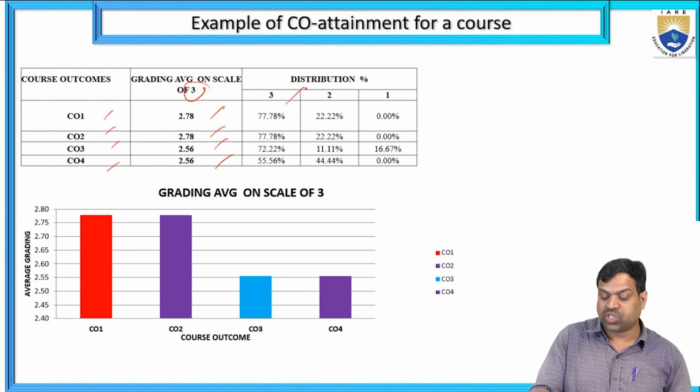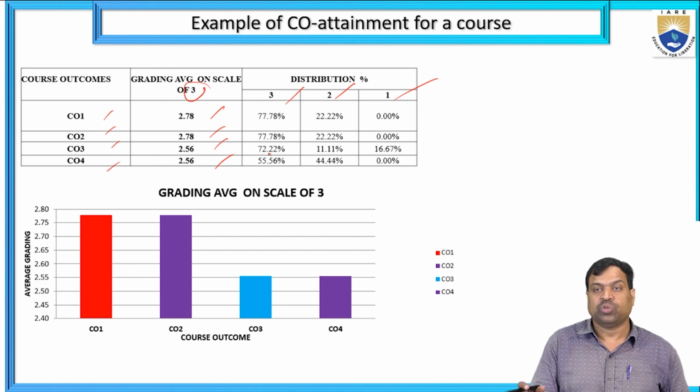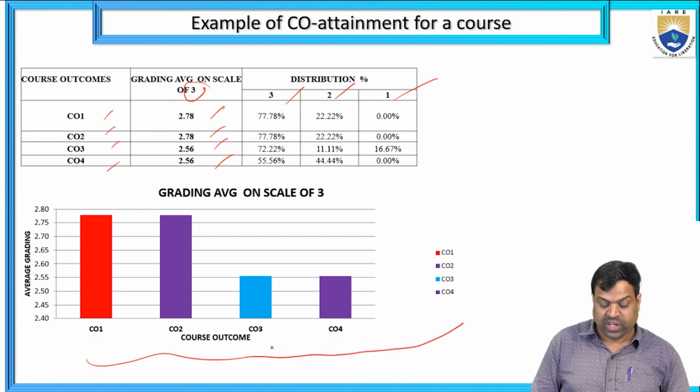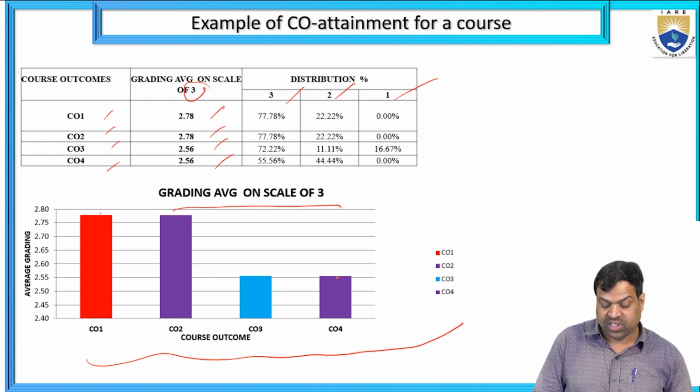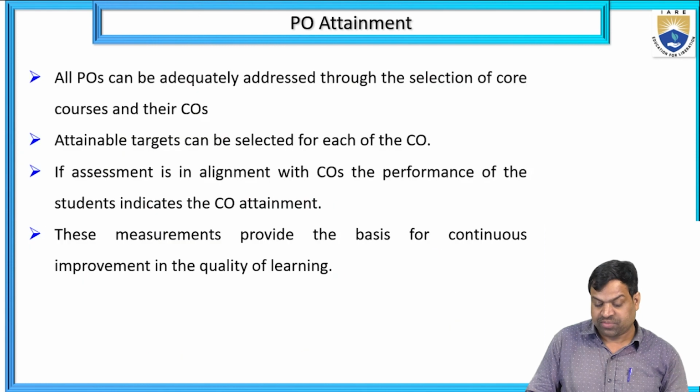I am giving the distribution of 3, distribution of 2, and distribution of 1. In the distribution of 3, how much percentage is there? Distribution of 2, how much? It is a graphical representation of CO1, CO2, CO3, CO4. It is the mapping grading average on a scale of 3: 2.75, 2.75, and around 2.56.